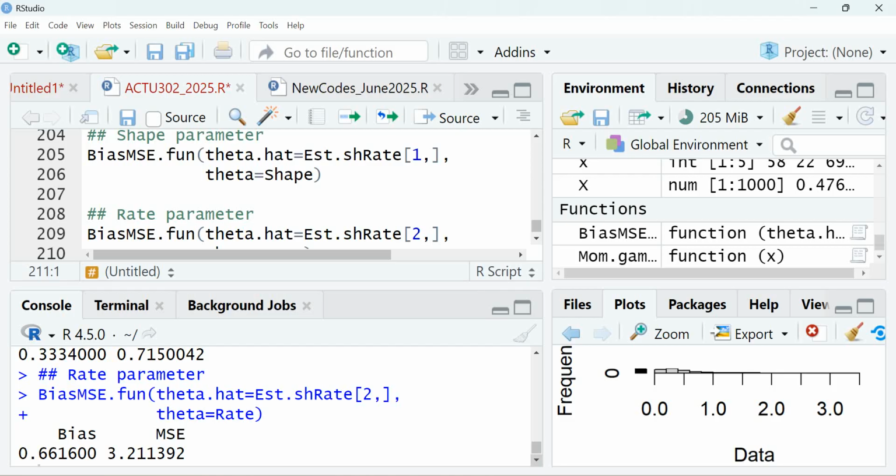The shape was 2, so its magnitude is a bit smaller than that of the rate. The rate was 5. So you see that the MSE is quite big. You could see that as well from the values we got. How close are they to 2 and how close are they to 1?